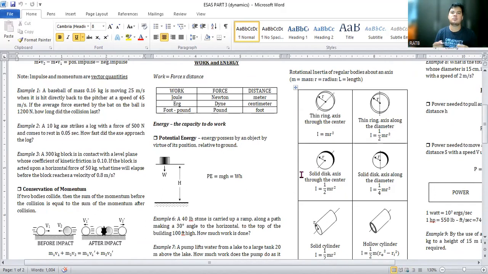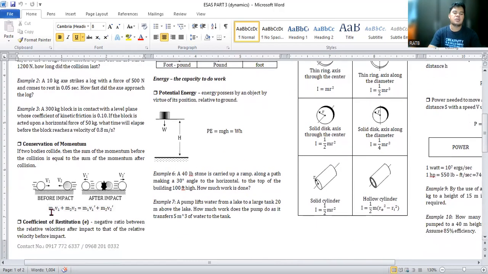That means the sum of the momentum before impact is the same as the sum of the momentum after the impact. Okay, so we have here the conservation of momentum formula.